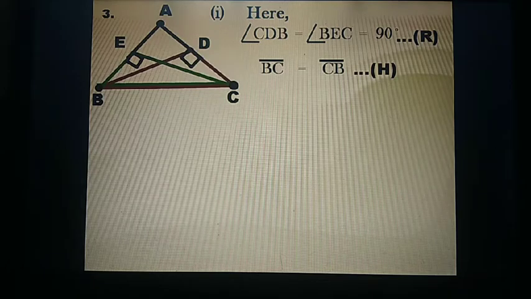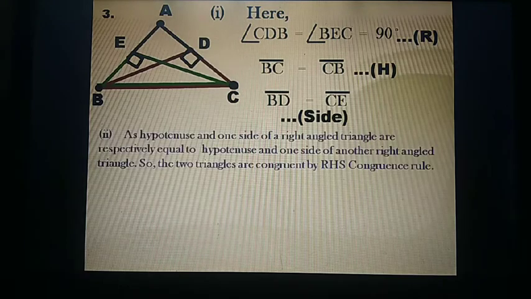Now it's given in the question that the altitudes are equal, that is BD and CE are equal. This will be your side. Again by RHS you can say that the triangles are congruent. This is the answer for the second set and you can say yes, the triangles are congruent. For that, first you will find the corresponding vertices.